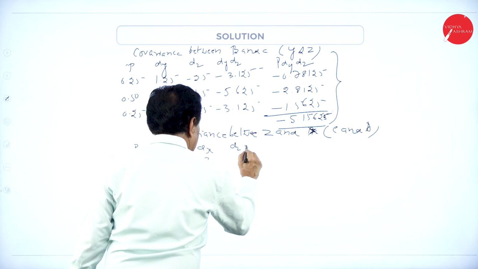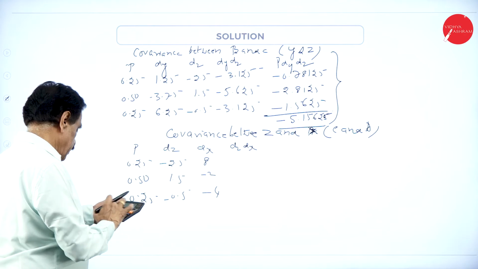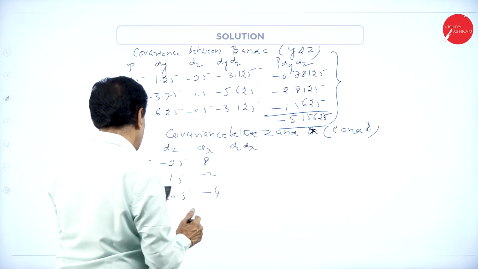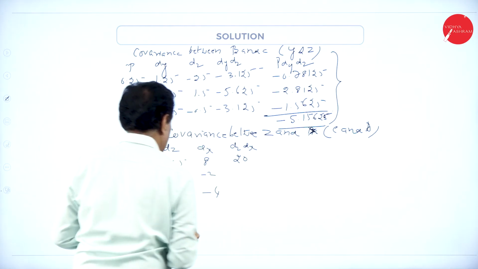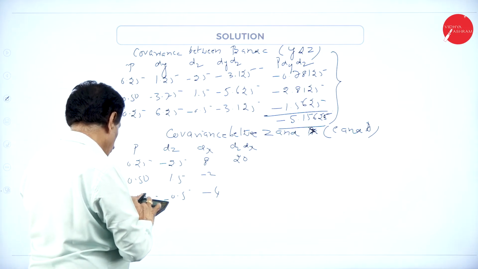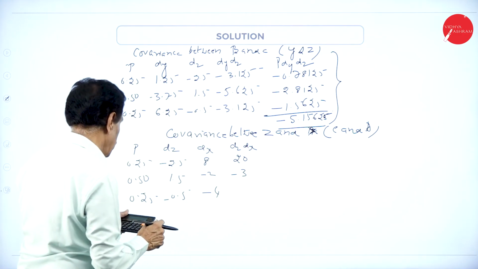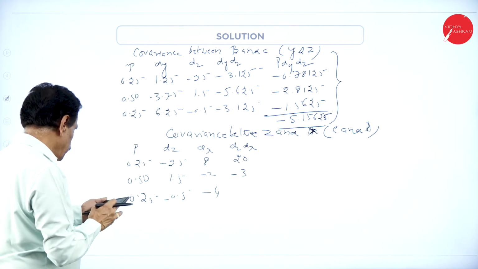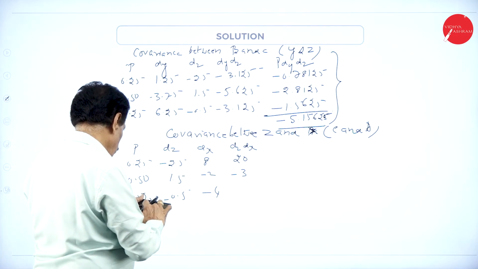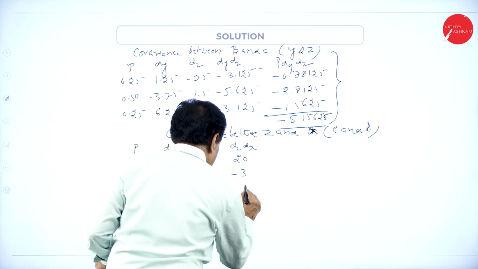Multiply dz into dx: 2.5 into 8 is 20, 1.5 into 2 is minus 3, 0.5 into 4 is 2, minus into minus become plus 2.